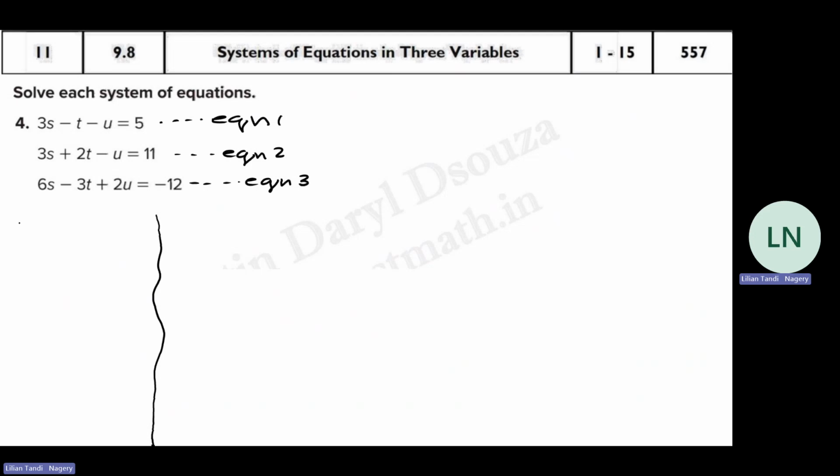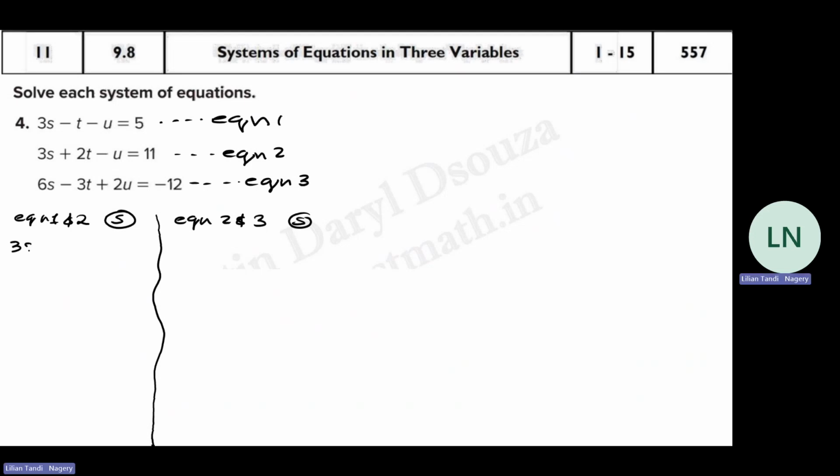First write what you're doing. Equation 1 and 2, and I want to eliminate S. Equation 2 and 3, I will also eliminate S. The variable you have to eliminate is the same for step 1. Must be the same.